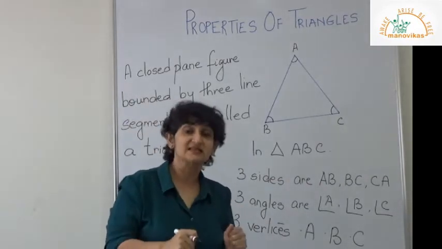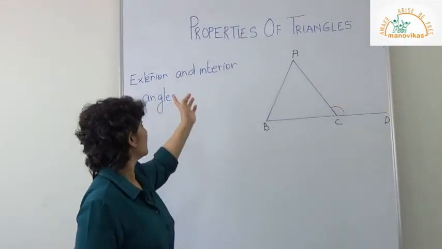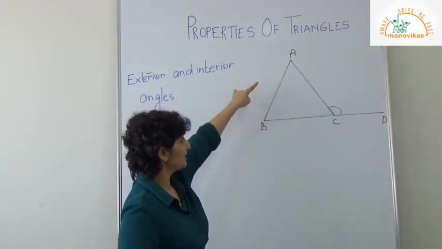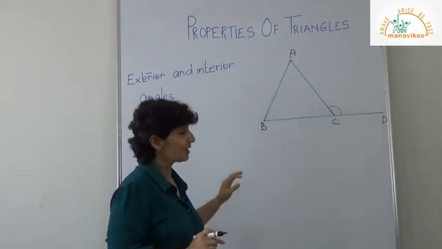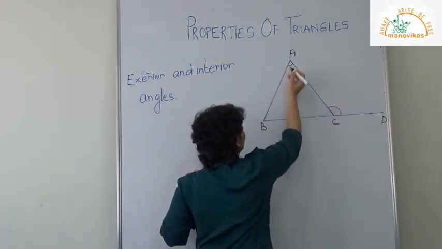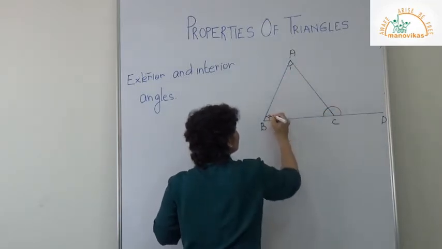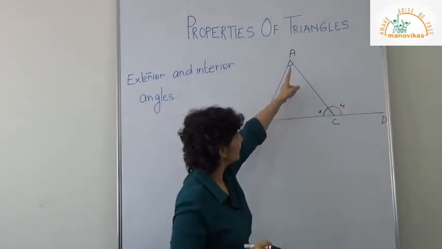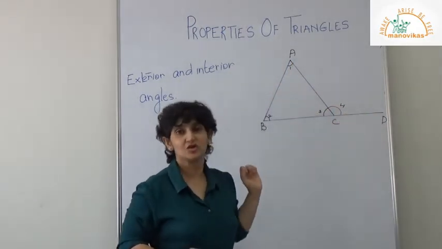Alright. Let's next move on to what are exterior angles. Now, exterior and interior angles. If I have this figure, triangle ABC, and I have extended this line to D, I have angle A, angle B, angle C. Let's name those as 1, 2 and 3, and let's keep this as 4. Now, angle ACD is outside your triangle.